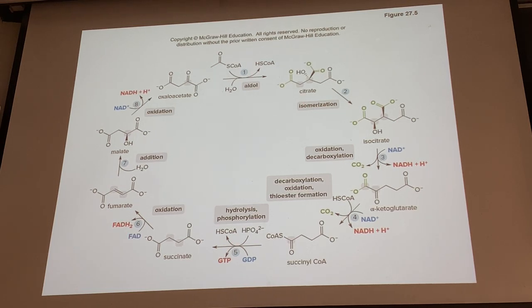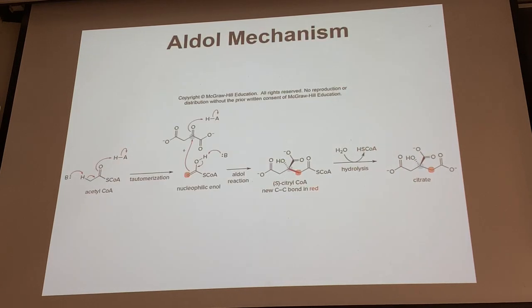So first step is going to be an aldol. We have to do a carbon-carbon bond forming reaction to attach our acetyl coenzyme A to the oxaloacetate molecule. And that's going to go first by formation of an enol. So we have simultaneous proton transfers to form an enol, and then that enol attacks the ketone, and then that gives us the aldol product. Here's the bond that was formed in red. And that thioester was used to make it easier.